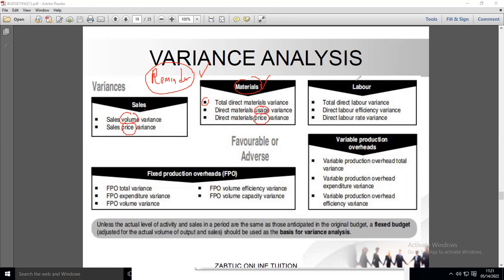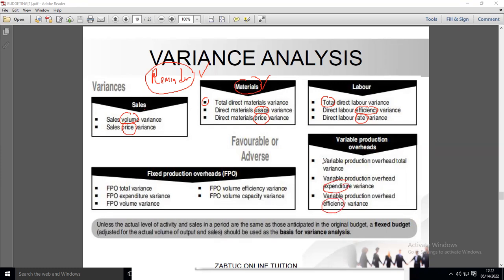The labor variance, the total labor variance, is more useful when it is split into what? And what else? A variable overhead variance, total variance, is more useful for performance measurement and management when we split into what?